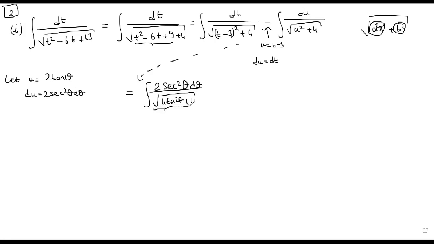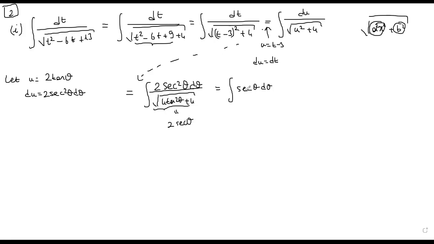This denominator is equal to 2 secant theta, right? And if we simplify them, what do we get? Secant theta d theta. All right.